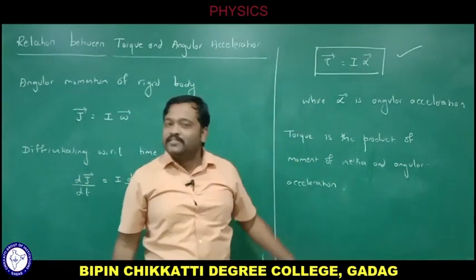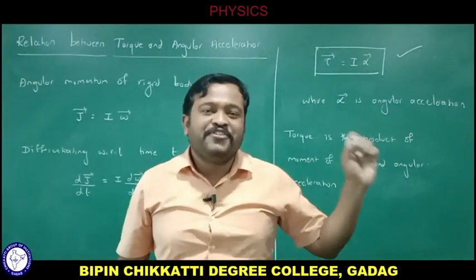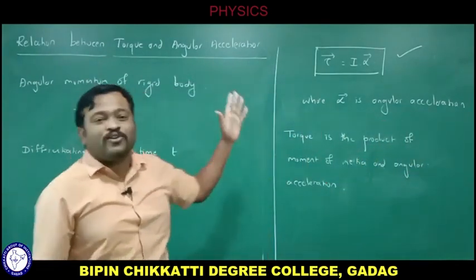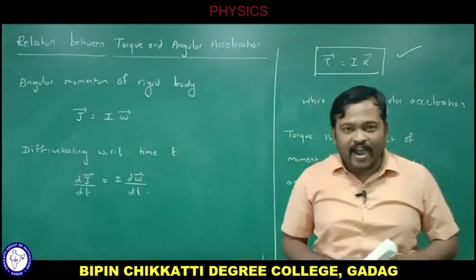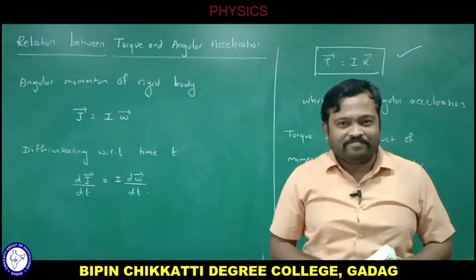This formula is similar to F is equal to ma, tau equal to I alpha.